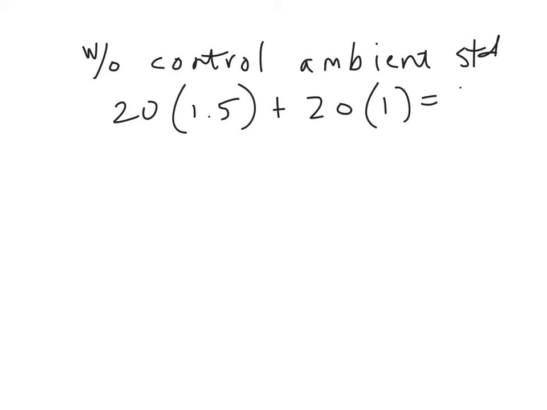The first step is to find out what's the ambient standard without control. So without control, the ambient standard is 20 coming from firm 1 times 1.5 plus 20 coming from firm 2, but their transfer coefficient is just 1, so that amounts to 50 parts per million without control.